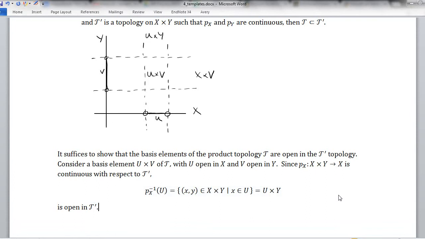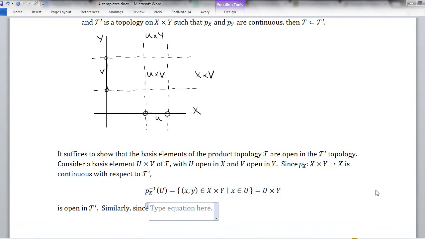Right. That's by the definition of continuity. I had an open set U in X. I know that this is continuous with respect to this topology, therefore its preimage is open in T prime. Okay. Remember that this is not necessarily the product topology that I'm dealing with, so I'm just using the definition of continuity there.